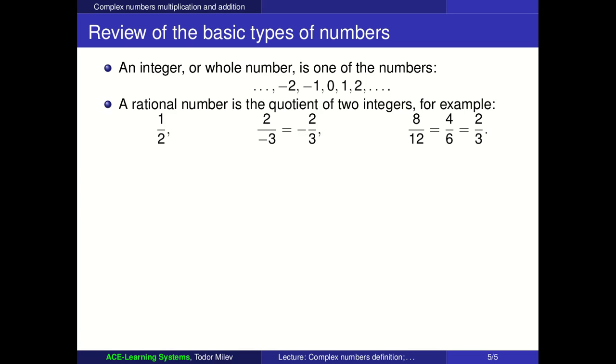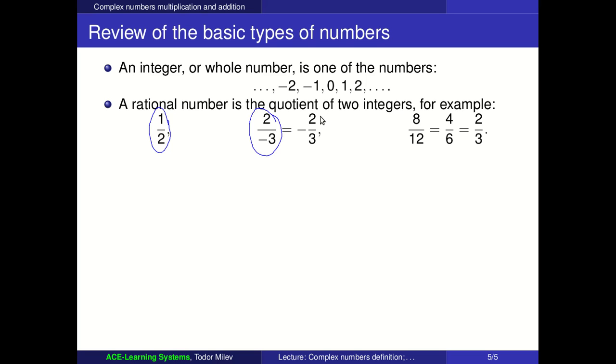Okay, now we have also seen so far rational numbers. Rational numbers would be just quotients of two integers. A typical rational number would be the number 1/2 or the number 2 over negative 3. Now, when I say quotient of two integers, well, we know that 2 divided by negative 3 is the same as negative 2 divided by 3.